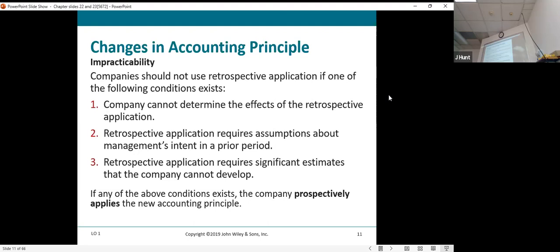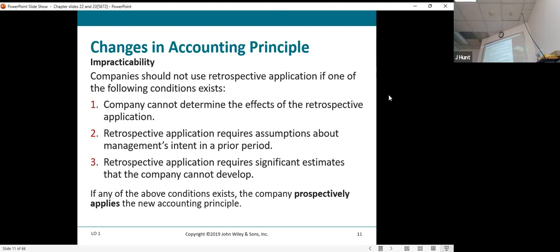So it's always important where we have exceptions. What are exceptions? What do we have to be able to meet? So the 3 conditions we've got to meet. One, like I said, if they cannot determine the effect of the change, right? If you apply it, you may not have the records. 2, if the assumptions about management's intent in a prior period.